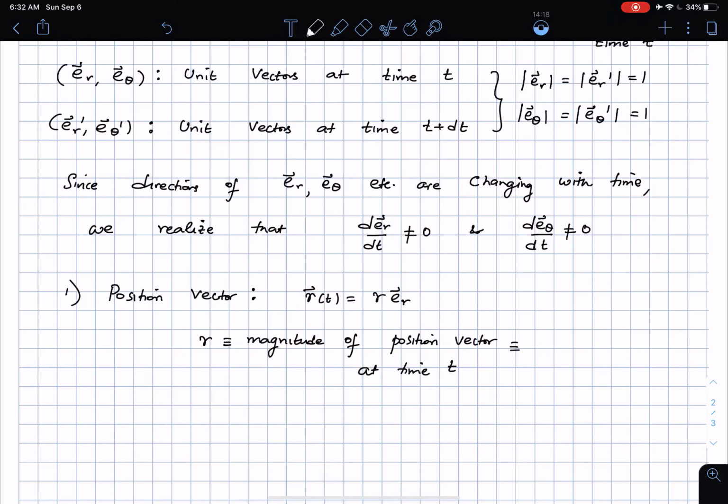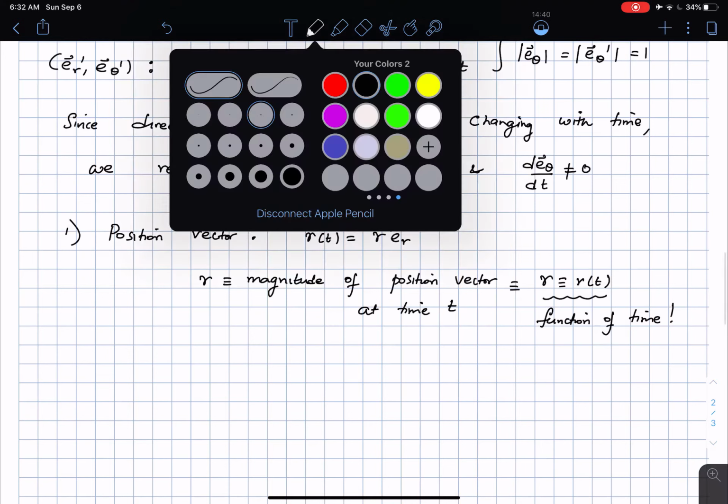This can be changing with time, which means that r can be a function of time, unless you are on a path with a fixed radius. If the radius of curvature is changing, then the location from a fixed observer is also going to be changing at every point in time. So this is the expression for the position vector in the radial transverse coordinate frame.